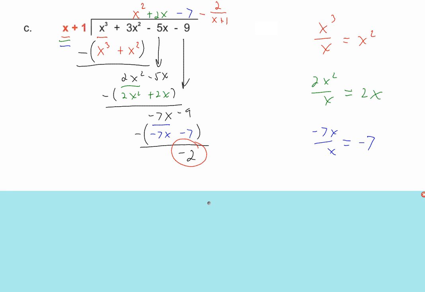You've got to have this sign in between, because look, it's this plus this plus this plus this. Okay? So always the remainder: minus goes right after the last term, and then the number over the divisor. Plus would go right after the last term, and the rest of the remainder over the divisor.